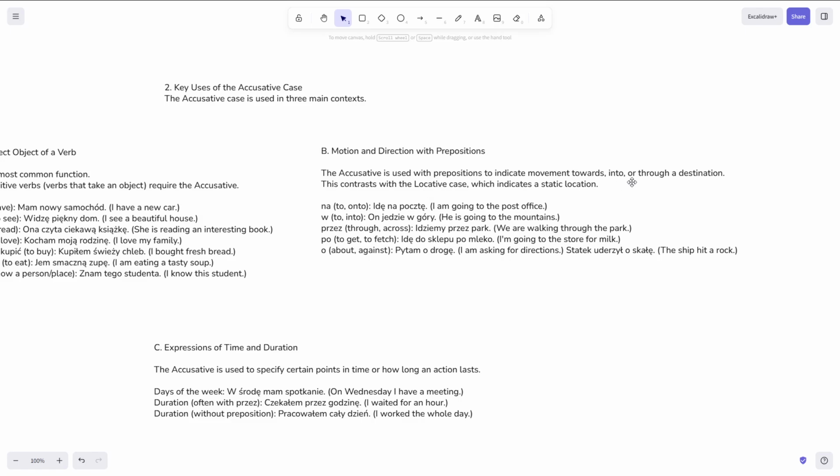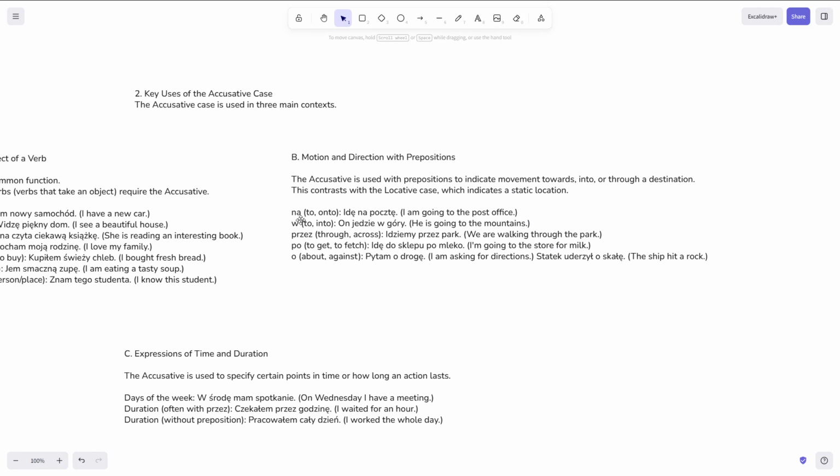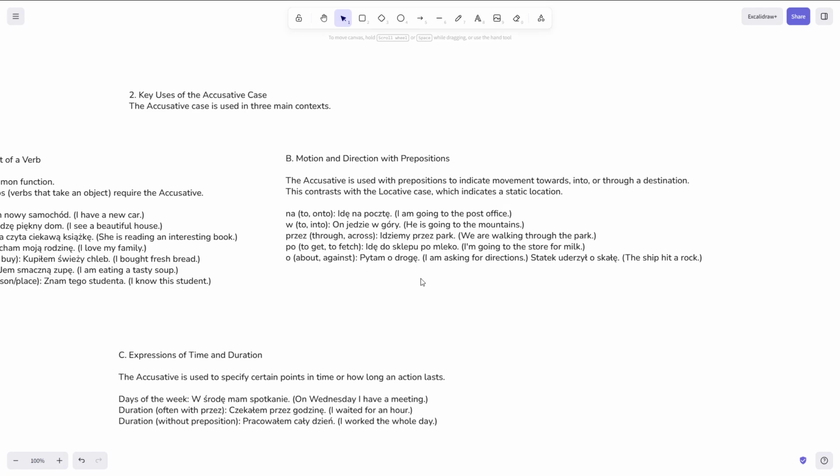And locative will indicate that something is just staying in a particular place, okay? Someone is just lying on the bed, standing on the table, or whatever else. So for example, prepositions such as to, onto, into, through, across, about, against: na, w, przez, po, o, okay? These are all prepositions that use the accusative.